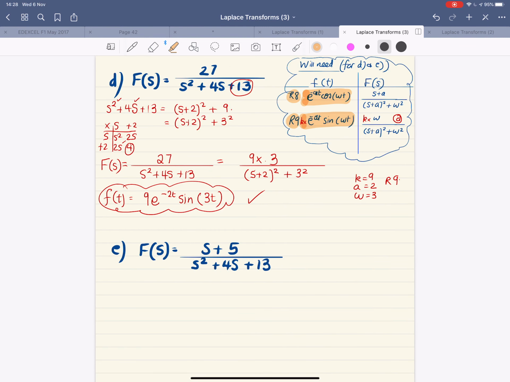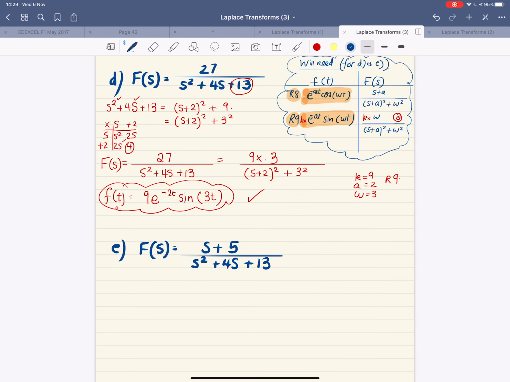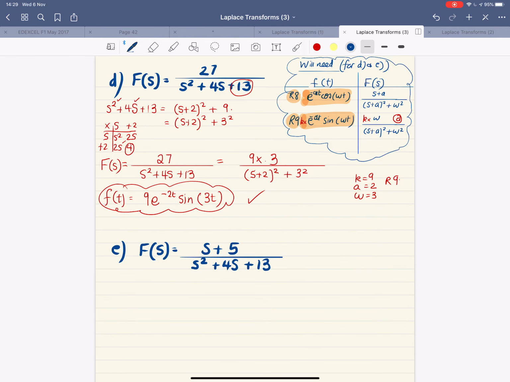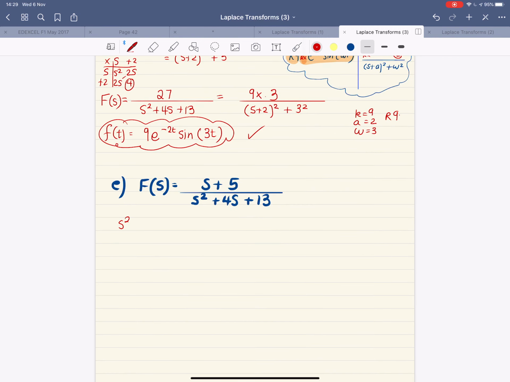Right, E. For E, we've got s plus 5 over s squared plus 4s plus 13. Now it's s plus 5, so it's starting off looking like it's going to be one of these ones. So we need to complete the square first of all. So we complete the square: s squared plus 4s plus 13 is going to be (s plus 2) squared.